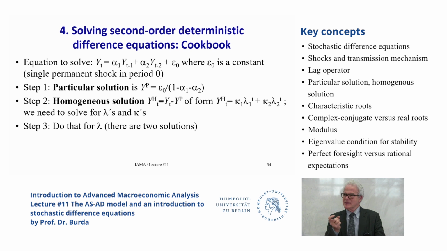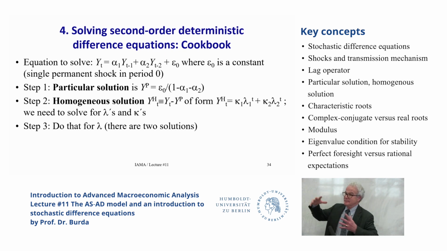Well, doesn't y minus y_p sound like the deviation from the steady state? Isn't that what we were looking for, the business cycle? We're looking for the deviations around the long run. So call that the homogeneous solution. Why is it called homogeneous? Well, if you multiply that solution by a constant, it doesn't change the solution. It's the same.